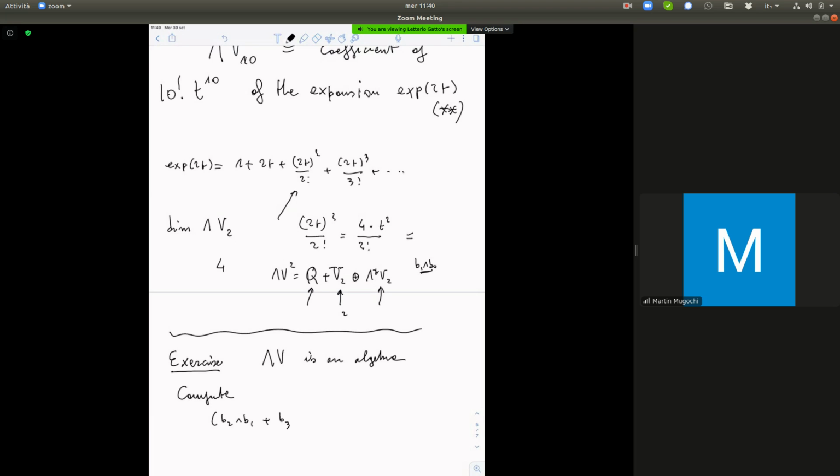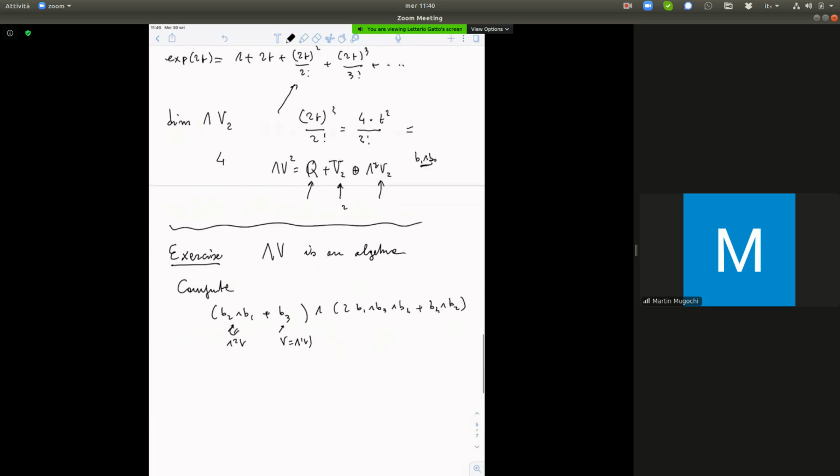Why not? It's not homogeneous. This belongs to wedge 2 V, this belongs to V, which is the same as wedge 1 V.